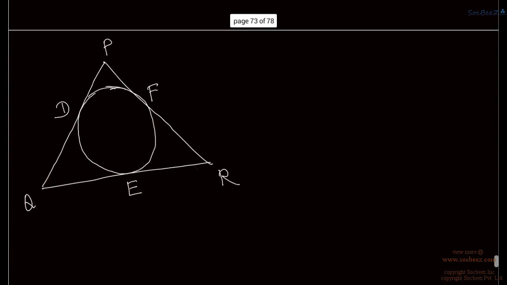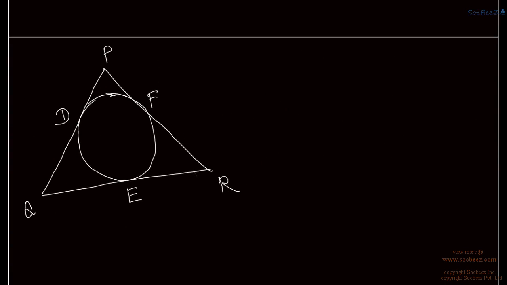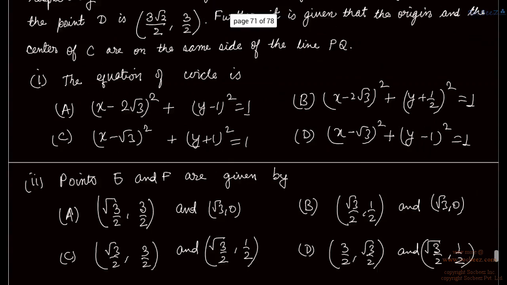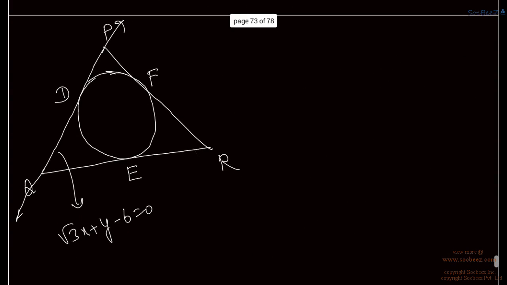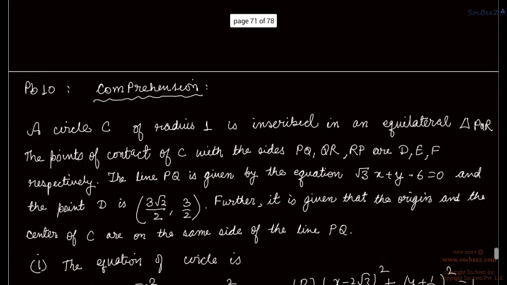The equation of line PQ is also given, which is root 3 x plus y minus 6 is equal to 0. And the coordinate of point D is also given, 3 root 2 upon 2 and 3 upon 2.